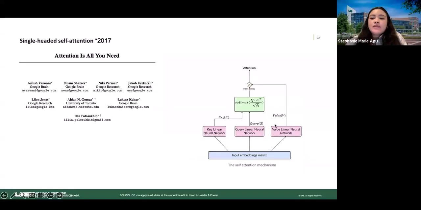So just going to go over single-headed self-attention. I think this is important because visual context or visual features are being inputted.